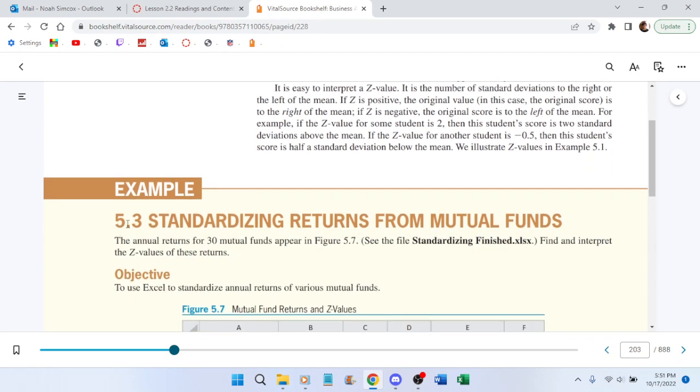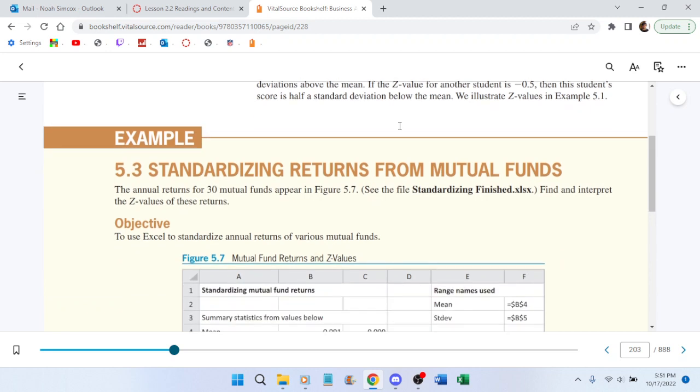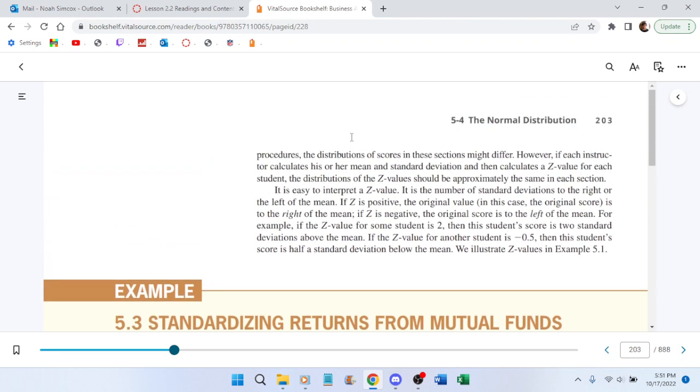Thanks for showing this as a 5.3, even though this is 5.54. If the z-value for some student is 2, then this student's score is 2 standard deviations above the mean.